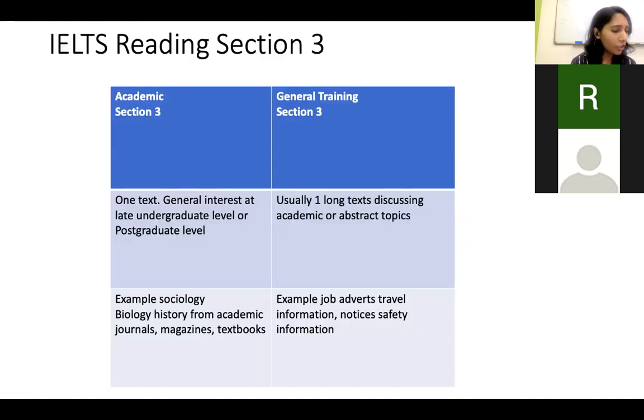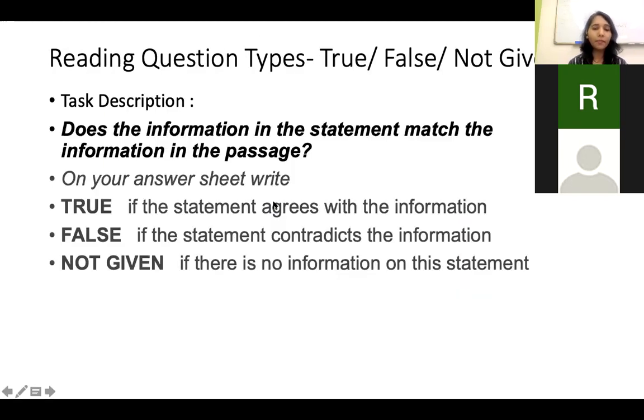So we'll deal with each type of question and how to tackle them. This is a very common question type which appears in your test. It's called true, false, not given. So what's the task description?